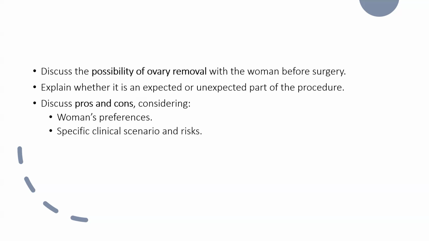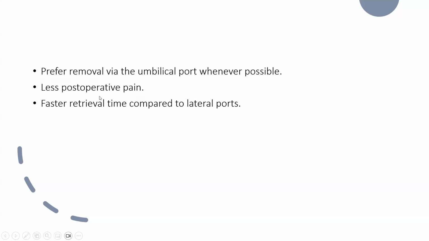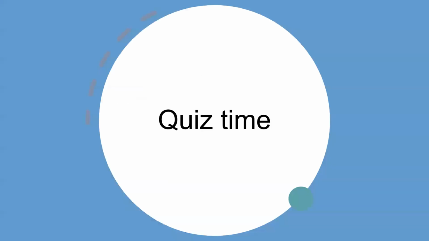Or if from the look during surgery the cyst seems to be borderline or malignant, then you should have informed the patient that you might need to remove her ovary as well. And if you're doing laparoscopy, prefer removal via the umbilical port because it leads to less post-operative pain.